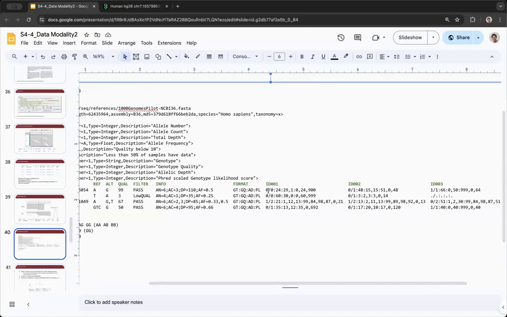So how many genotypes do you have? 1, 2, 3, right? So all these three people have the genotyping information in this locus. So why is AN 6? Because 3 people and a diploid genome, so 2 times 3, it's 6, right? What about this? This person and this person have genotypes, but this person doesn't have a genotype, right? So it's going to be 4. That's simply easy. What about this?